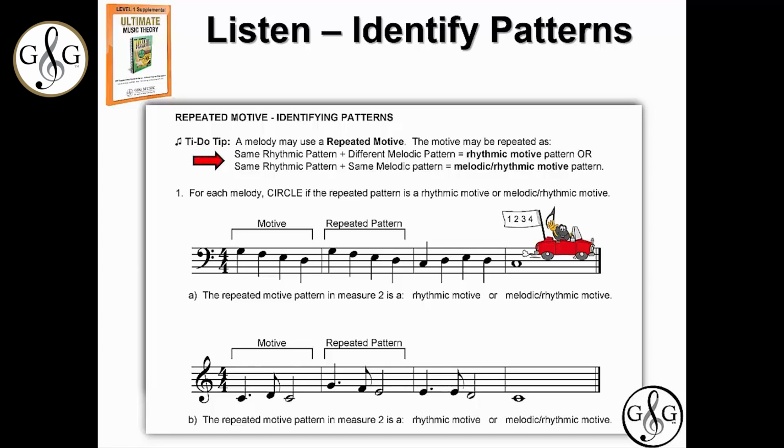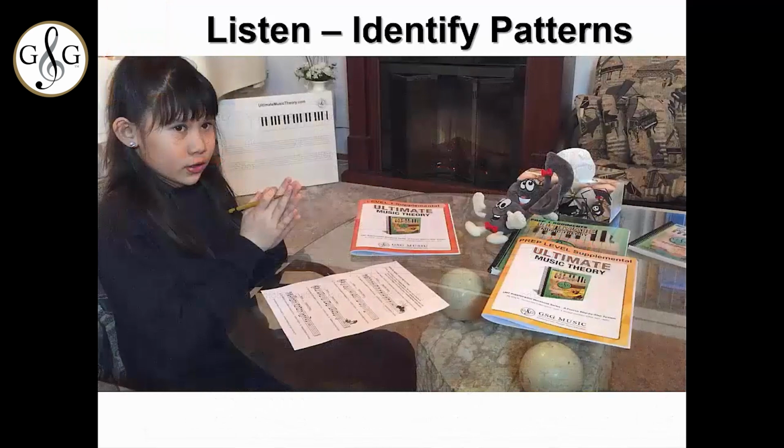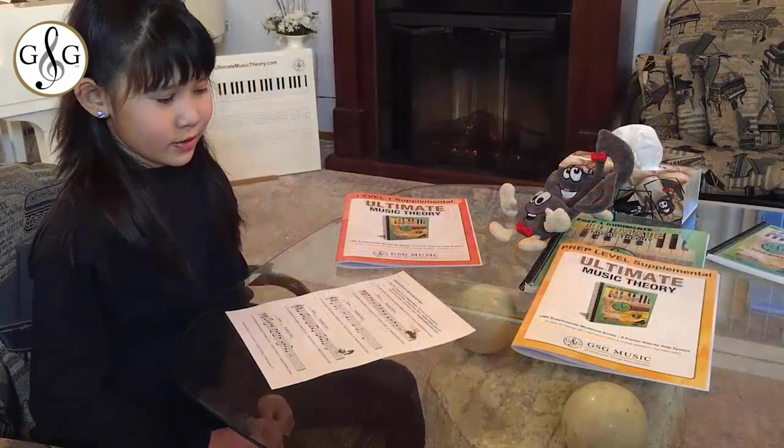The motive may be repeated as the same rhythmic pattern and different melodic patterns, so that would be a rhythmic motive pattern, or the same rhythmic pattern and same melodic pattern, so a melodic rhythmic pattern, because now it has both. Listen as Ayana identifies patterns.